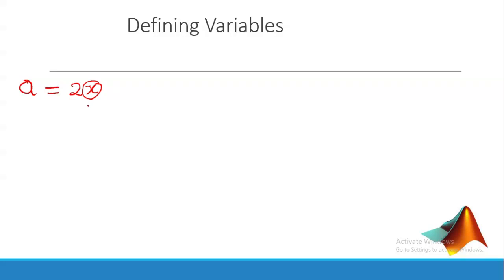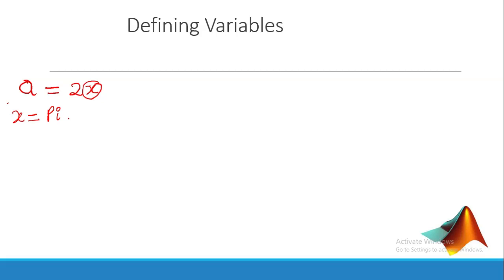So we define a variable by typing a variable name followed by the equal to sign, and then a value or a mathematical expression. So first we write x, which is equal to, we assign a value to x. Let's assign a value like pi. In Matlab, pi is written as pi.